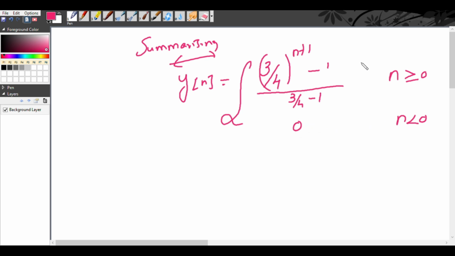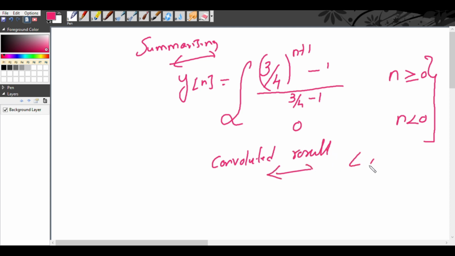So this is the convolution result of the given LTI system.